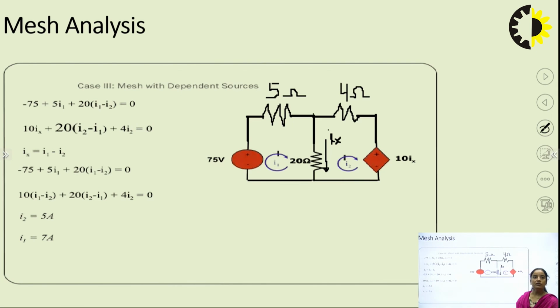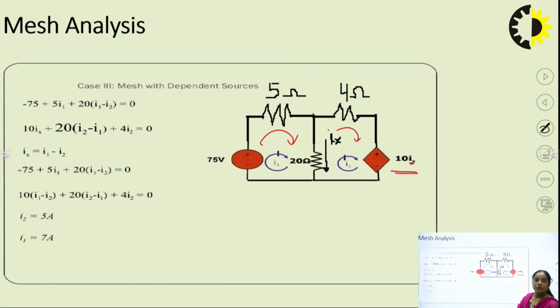So see here, this is a circuit with dependent sources. Then what is this? This is a current dependent voltage source, so you can write the KVL equations, no problem. By the simple method, two mesh currents I1 and I2 are considered here.